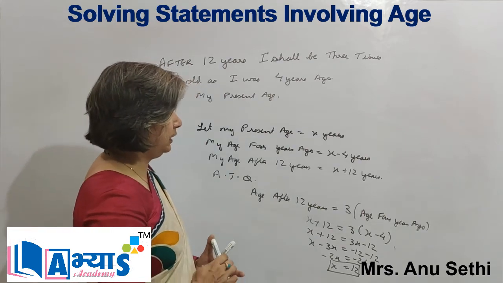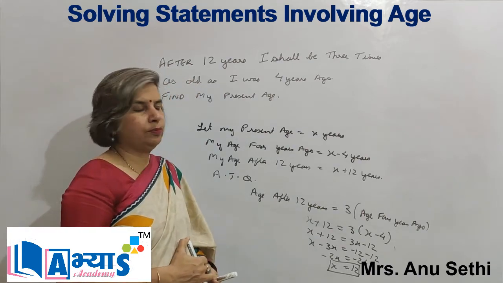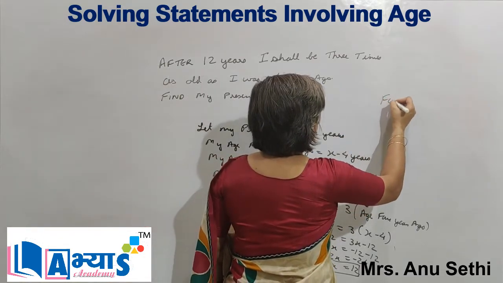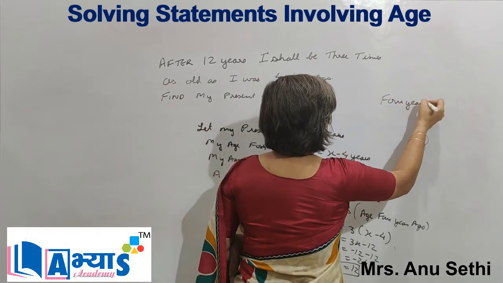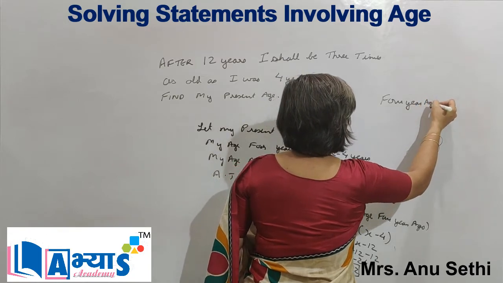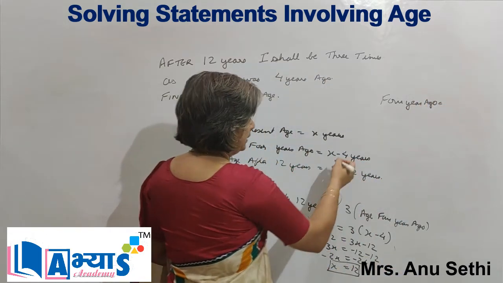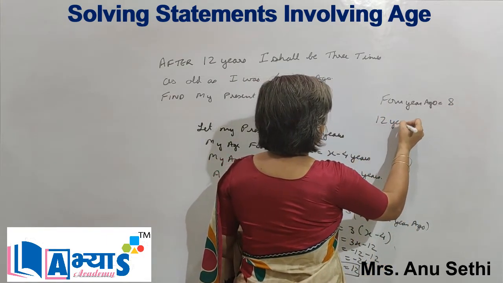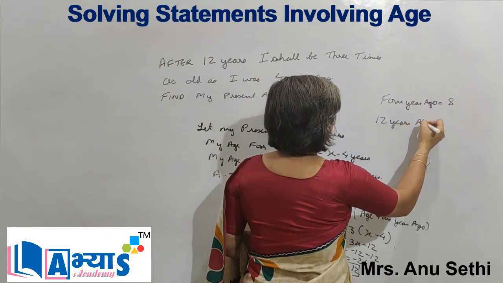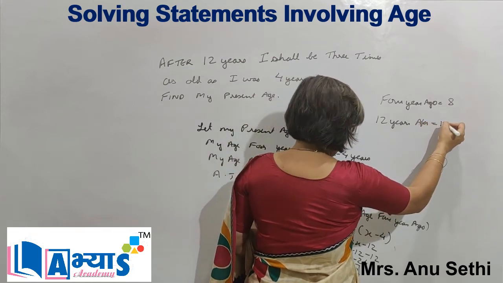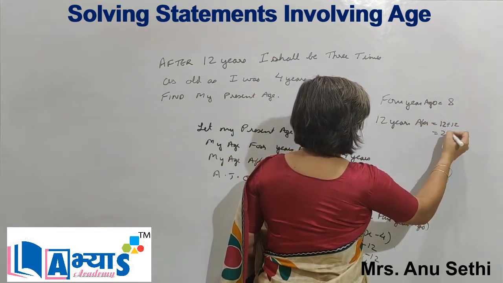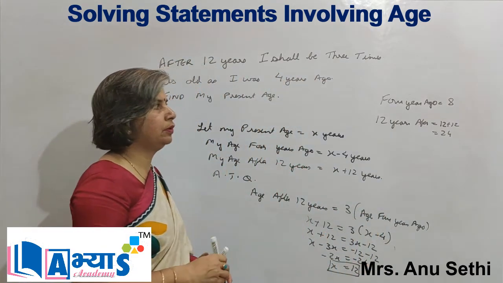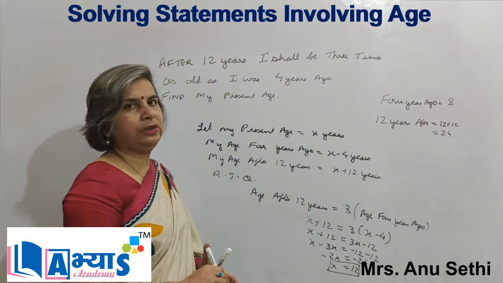To verify the relation, let us put the value. If my present age is 12, 4 years ago the age was 12 minus 4, that is 8, and 12 years after it will be 12 plus 12, that is 24, and the relation has been justified because 24 is equal to 3 times 8.